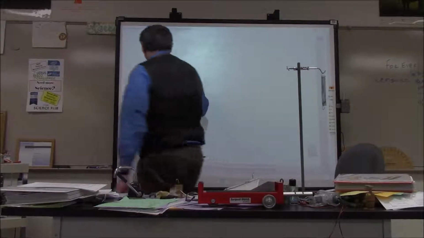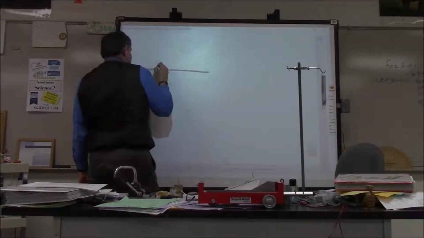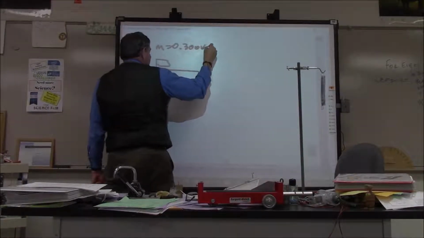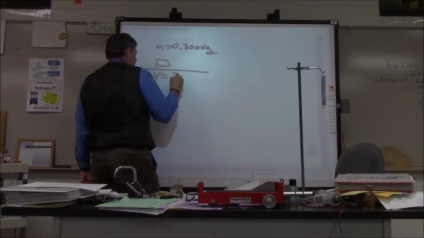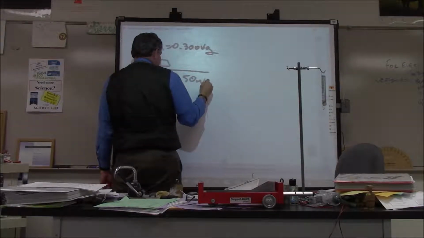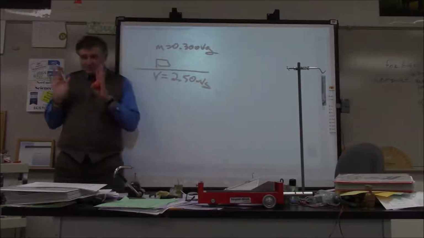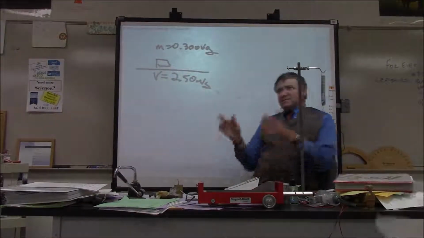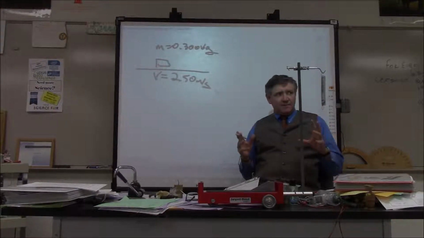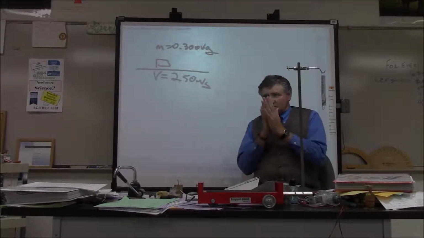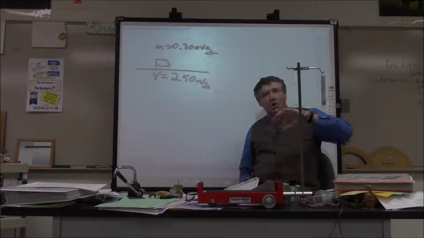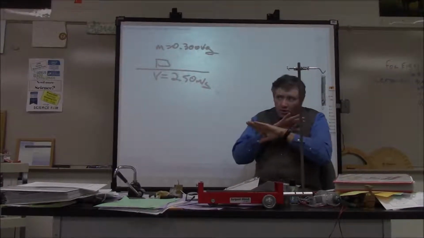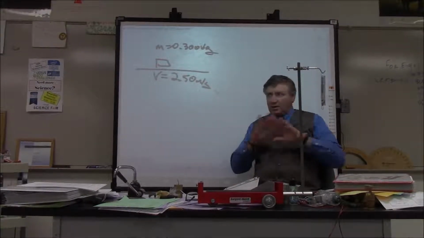So here's your setup. So here was this thing that was moving along. Mass was 0.3 kilograms. Velocity was 2.5 meters per second. Here's the whole key to a problem like this: you want to be able to isolate one pure type of energy, whether that's all potential energy stored in the spring, whether it's all potential energy stored because you're on top of a mountain, or it's all kinetic energy because you're moving on a flat surface.